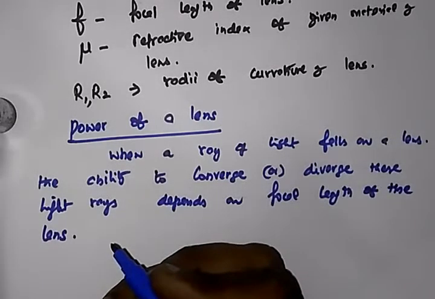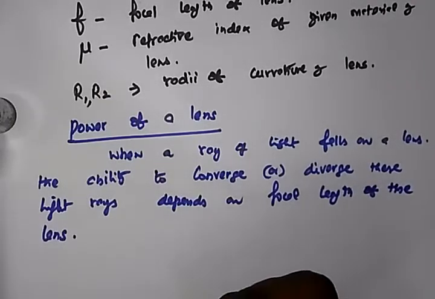This ability of a lens to converge or diverge is called power.